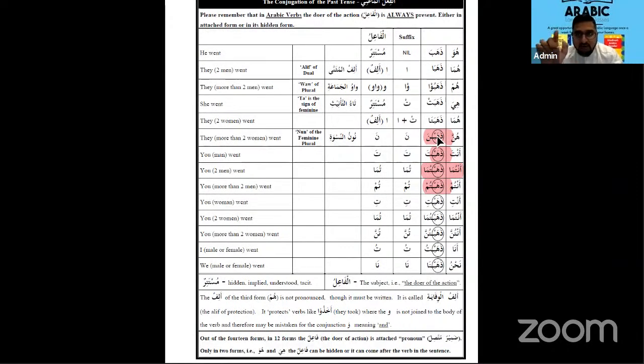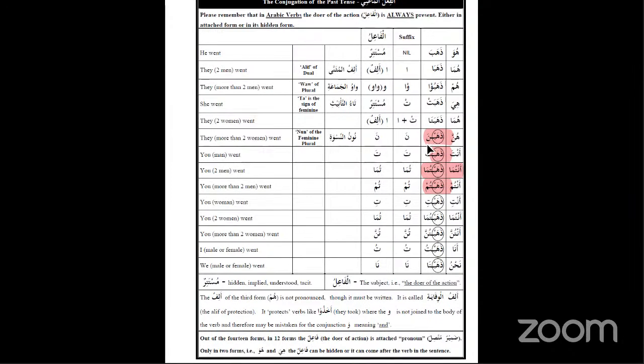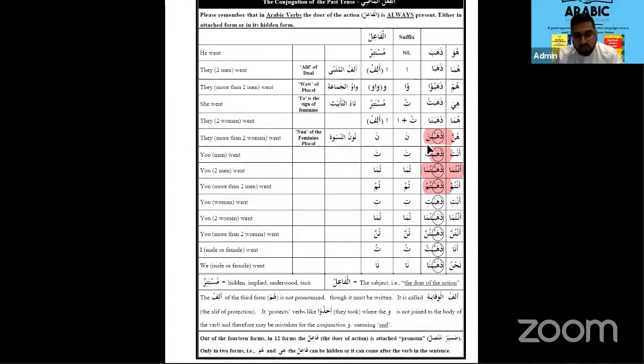The sin from the sixth form, 1, 2, 3, 4, 5, 6, becomes silent, and you add a noon with a fatha. Darasna. So hunna darasna. Excellent. Continue.